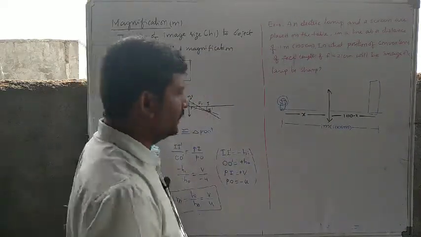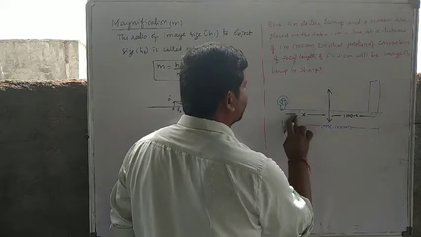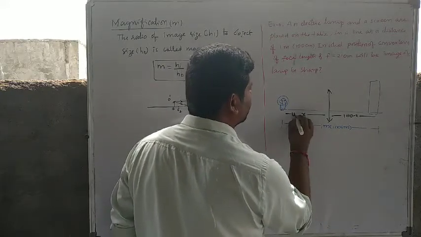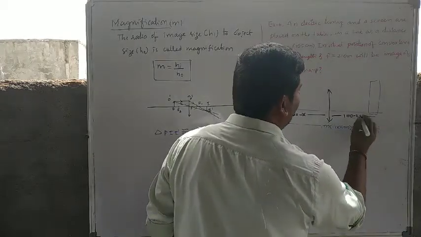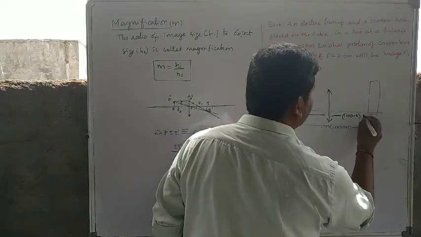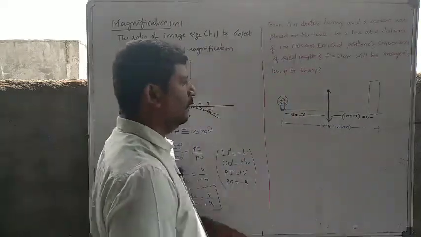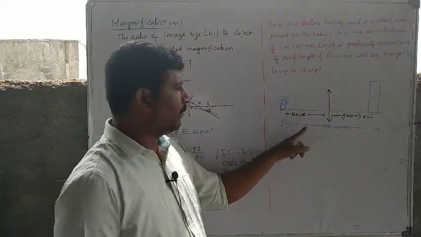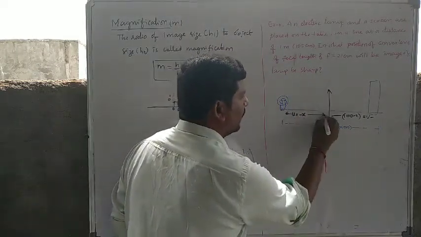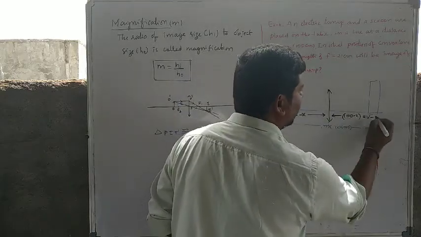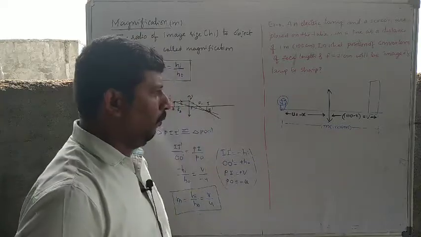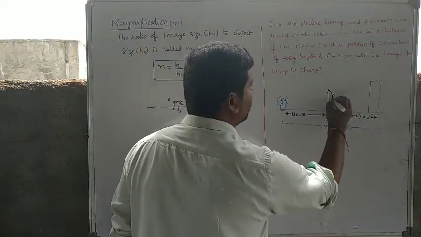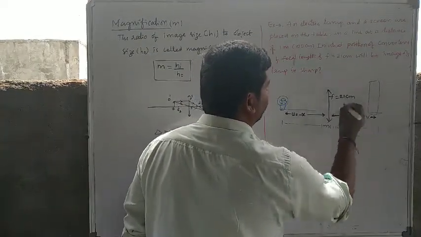So the object distance is u equals minus x, and the image distance is v equals 100 minus x. And the focal length of the lens is f equals 21 centimeters.